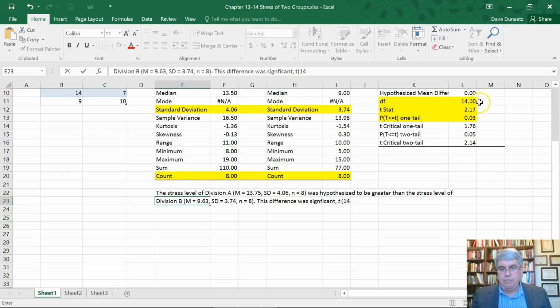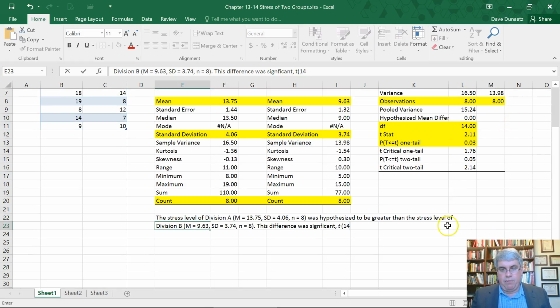So the degrees of freedom was up here. 14, close parentheses, space, equals, space, 2.11, and then we put the p-value, and the p is in italics. p equals 0.03, and we can specify that it's a one-tailed hypothesis.